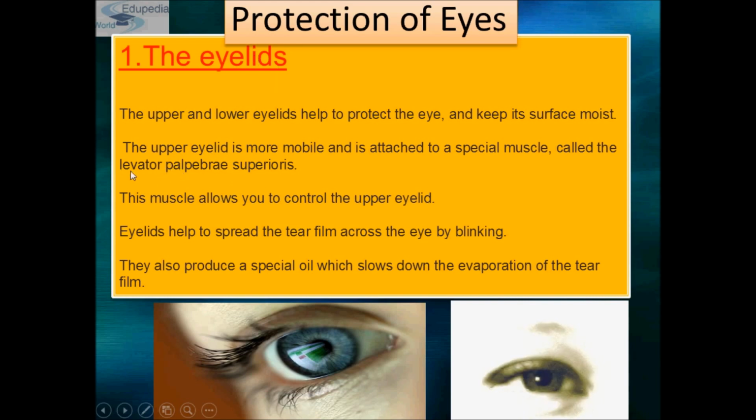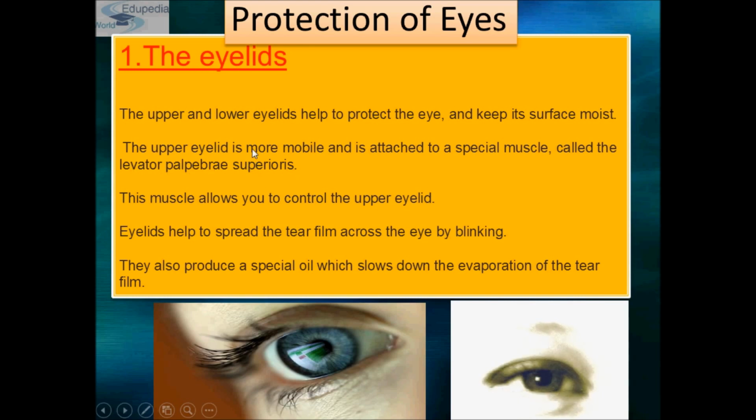It is a special muscle that keeps the upper eyelid mobile. This muscle allows you to control the upper eyelid. That means it is controlled or regulated by this muscle.